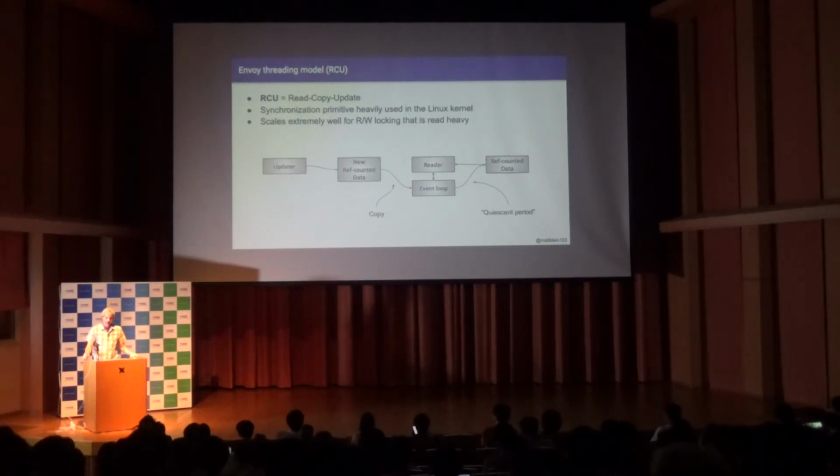And then what actually happens is that when that data gets swapped, someone that's using that data, if they have a ref count or a pointer to the old data, they'll just keep using it. But the next time they go and fetch that new data, they will get the new info. And that might be a little hard to understand. I'm going to explain it again in the next couple of slides.